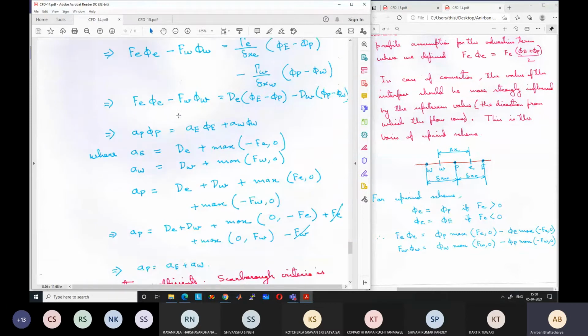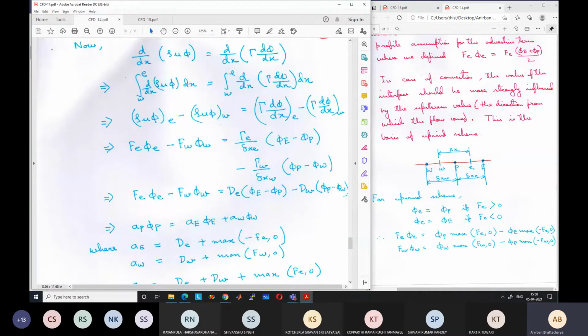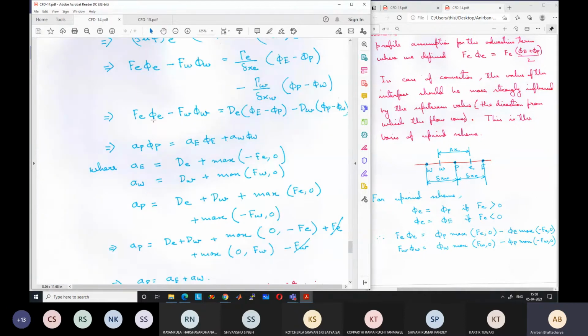If you replace those, you will ultimately have an equation in terms of phi_E, phi_W, and phi_P. If you rearrange the terms, you can again write AP phi_P is equal to AE phi_E plus AW phi_W. So same expression. The only things that are going to change are the values of AP, AE, and AW.